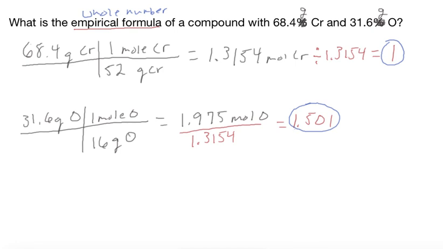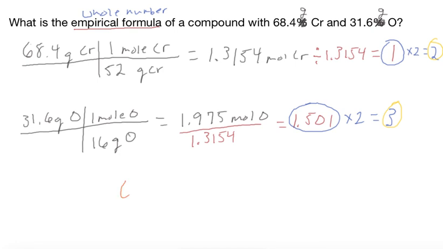So in order to make this a whole number, I need to multiply this by 2. So if I take 1.5 by 2, I'm going to get 3. But whatever you do to one ratio, you have to do to the other. So I need to take 1 and multiply that by 2 also to get 2. So now these numbers are whole numbers, and these are the numbers that I want to put into my formula.